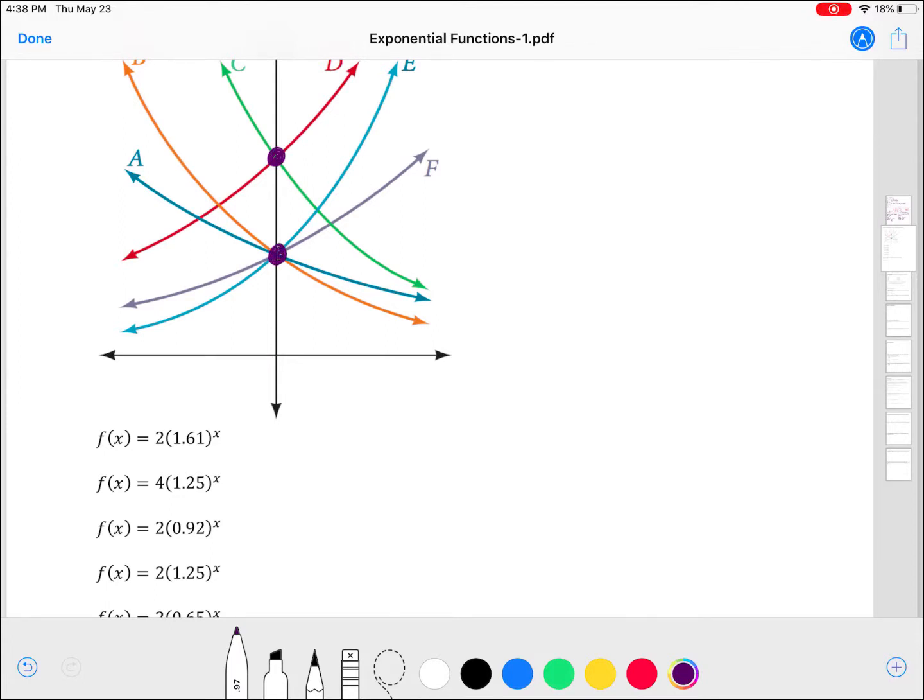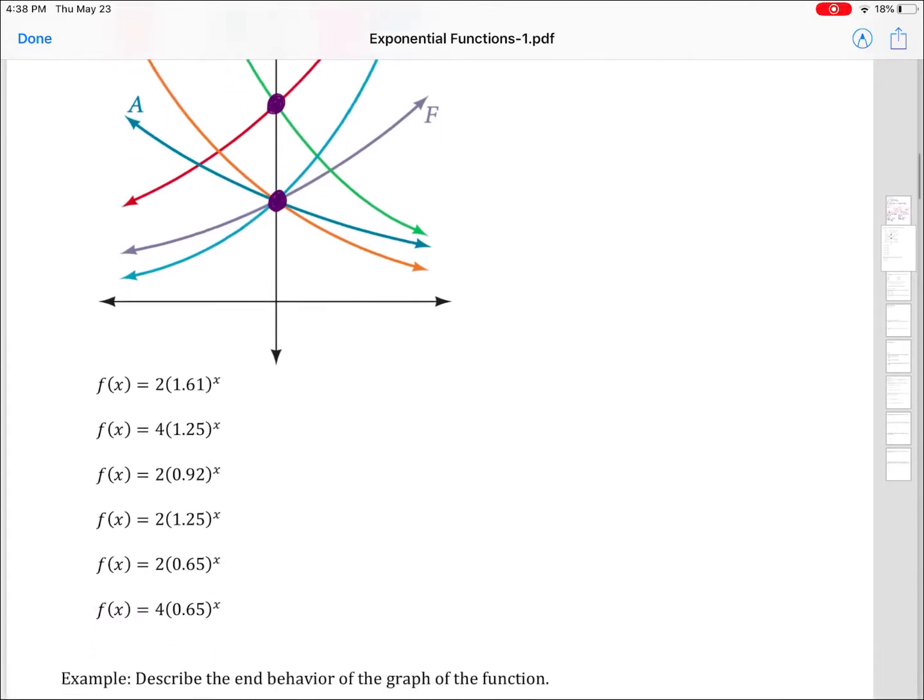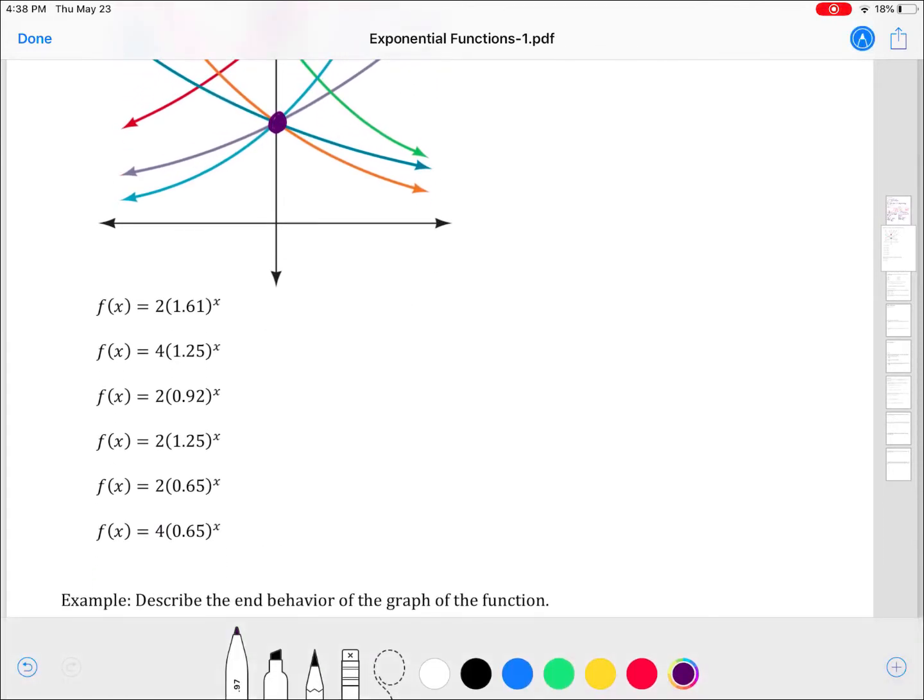So we have 4 down here that cross at a smaller value and 2 up here that cross at a larger value. So these two are going to have a larger value of a, c, and d. So if you look, that's going to be this graph here and this graph here, because those two have the larger values of a where it crosses along the y-axis, and the other 4 cross lower.